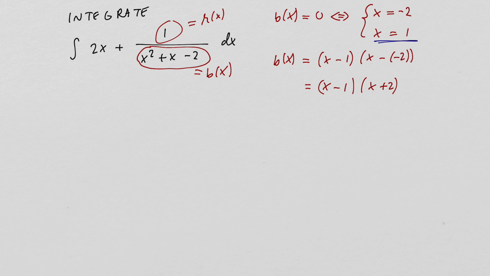Because of this 0 we will get this factor, and because of this 0 we will get this factor. So we have done step 2.